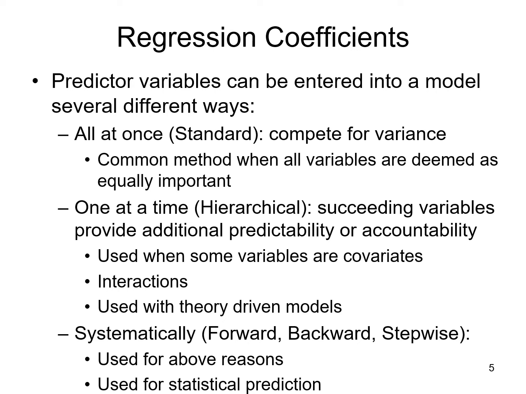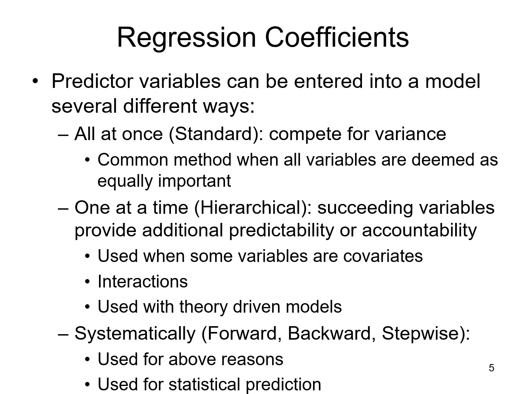That means that you basically put every single predictor variable in at the same time, and SPSS basically figures out which is the strongest predictor, gives it variance first, second strongest variable gets its variance second, etc., until there's no more variance to assign to IVs. It's a common method when all variables are deemed as equally important, or if you really don't have any standard or hypothetical or research-based reasons to believe that certain variables may be more important.